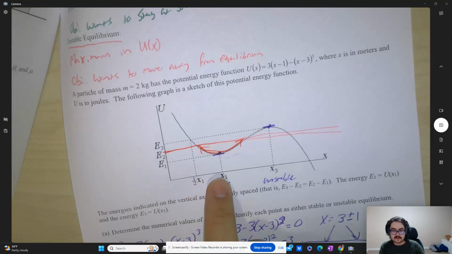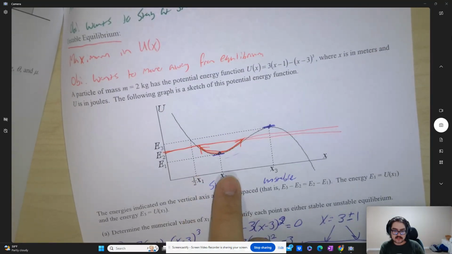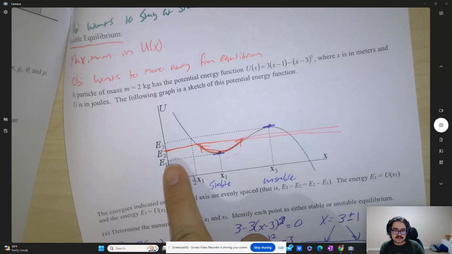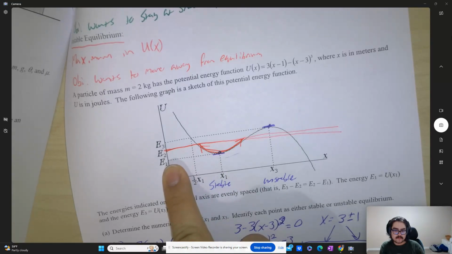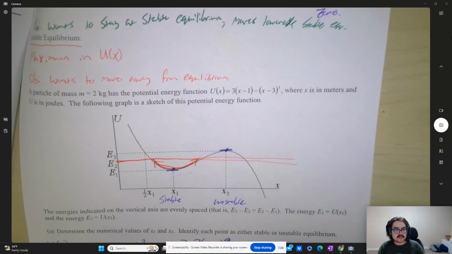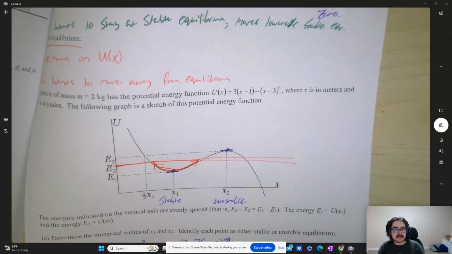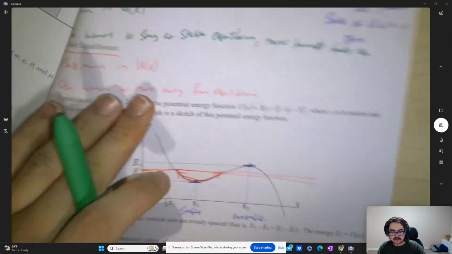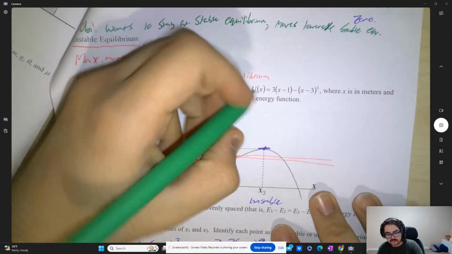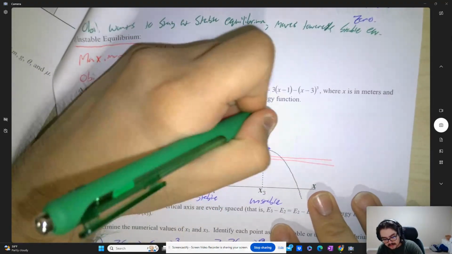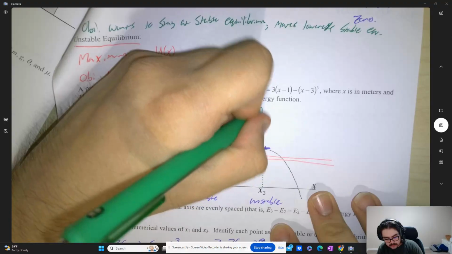All I have to do is go back to the potential energy function to figure that out. At x equals 2, which is x sub 1, that is going to be E1, which I am not given unless I'm missing something. So what I could do is take my potential function and plug in 2.